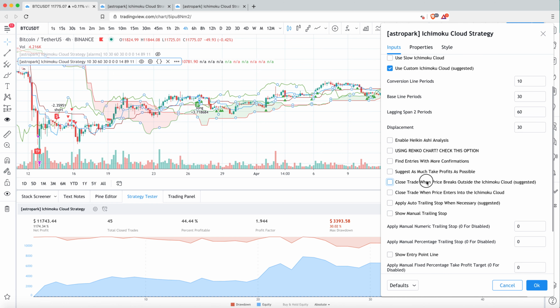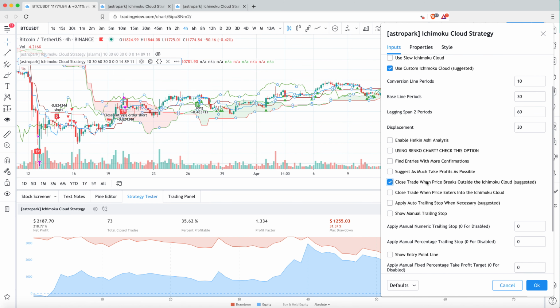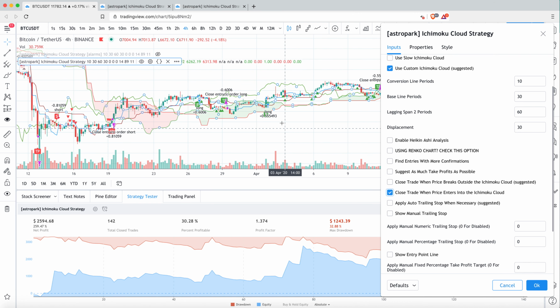If you are confident on the bullishness or bearishness, you can get a close signal when the price breaks down. For example, this long would have been closed here if price would have closed below the cloud. Here you see you had the close on price closing inside, and relonged on first relong, which closed above the cloud. Okay.